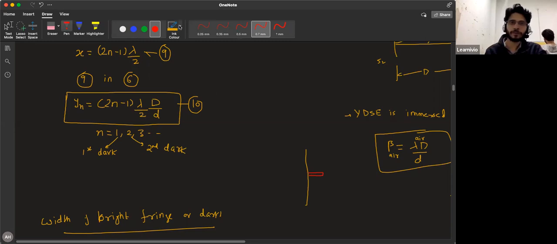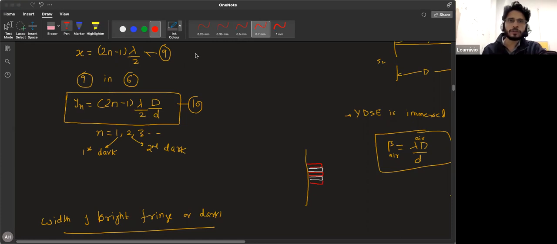This is the bright fringe. For dark fringe, I can't draw black over black, so white is the dark fringe. So you have a bright fringe, then an alternate dark fringe, then again a bright fringe, then alternate dark and bright fringes.